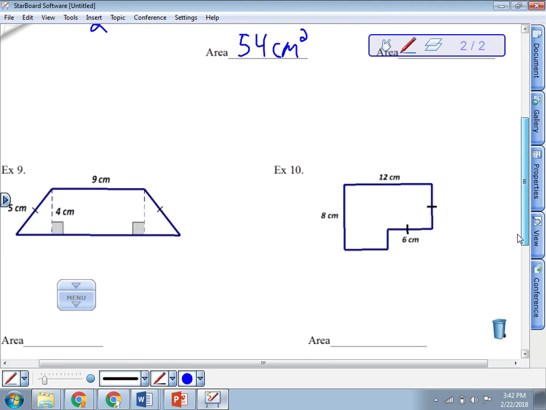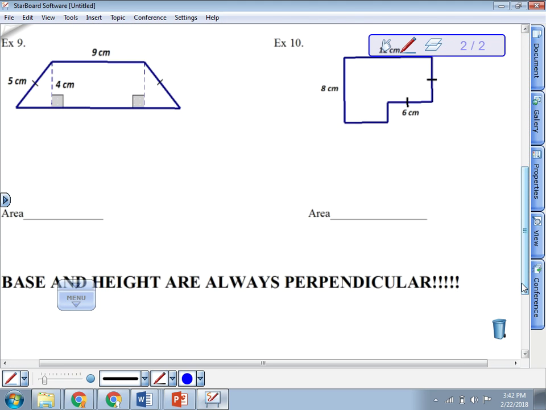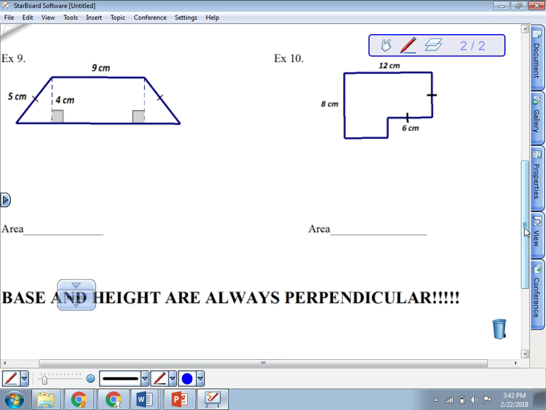A couple other examples you might see. Quick reminder here, base and height are always perpendicular. This is one where you're going to have to divide the shape up into 2 rectangles. They call this a composite shape, where it's made up of more than one shape. So this is 6, this is 6. If that whole thing is 12, and from here to here is 6, then this must be 6. And then your height, you've got 8. So I think we've got enough information now to figure this out.